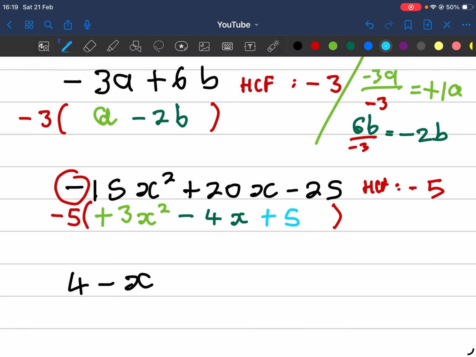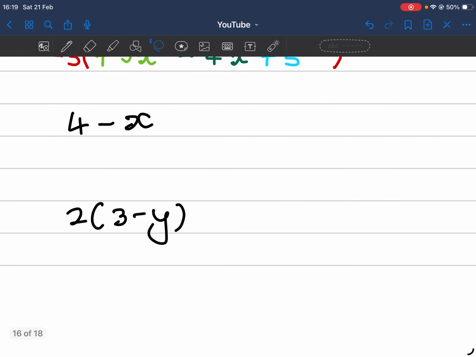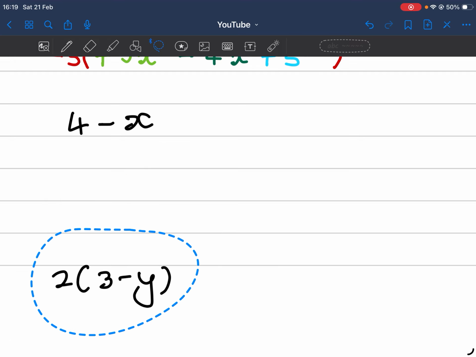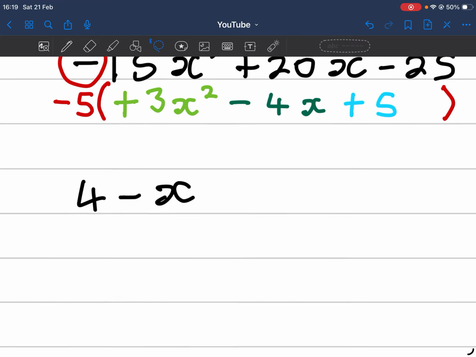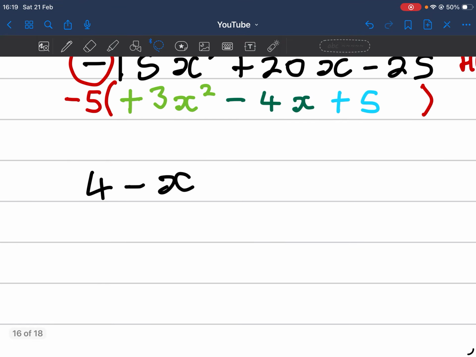Let's have a look at something of this nature now. 4 minus x. Now, I want you to remember something, alright? When we're factorizing, it's nice to arrange our expression with the highest exponent of x being first. So in this case, this one doesn't have an x, so it's x to the power 0.